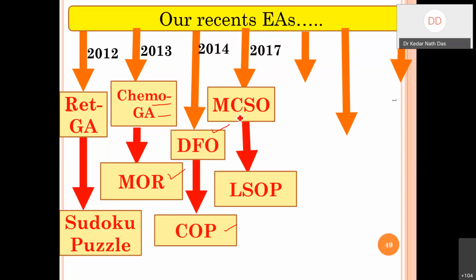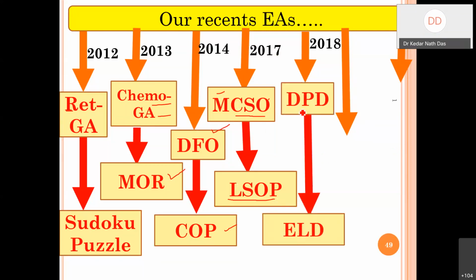Then there is MCSO, applied to large scale optimization problems. The M stands for modified, C for competitive, S for search, O for optimization: modified competitive search optimization. LSOP is the large scale optimization problem, designed in 2017.